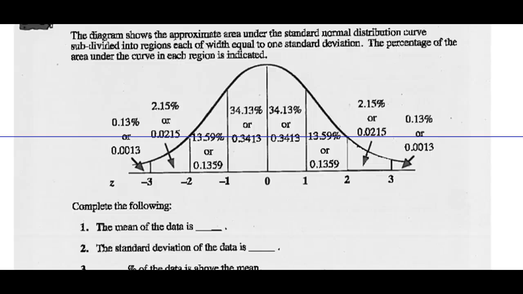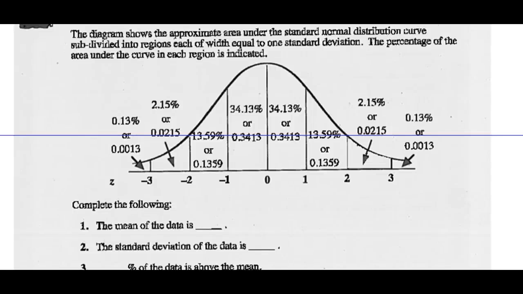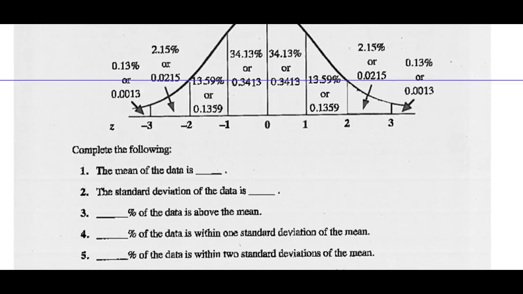The percentage of the area under the curve in each region is indicated. So let's complete this table. The mean of the data is 0. There's our mean. The standard deviation of the data is 1. We're going up 1 standard deviation, we're going down 1 standard deviation.